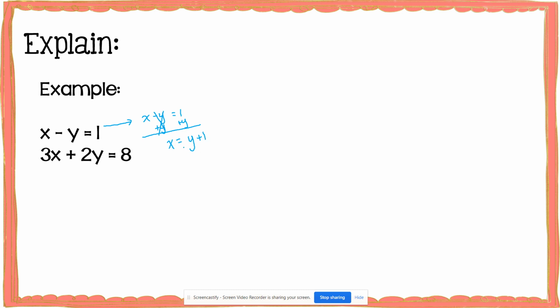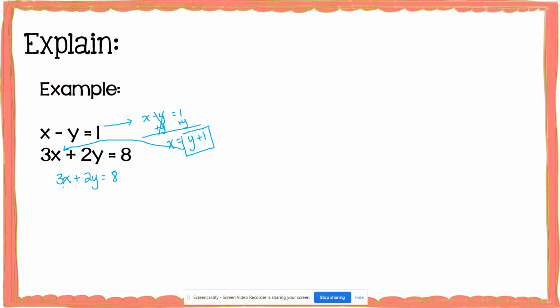Now, doing this and getting x by itself means that even though I don't know the actual value of x, I know that x's equivalence is y plus 1. What I can do is take y plus 1 and put it in the other equation and substitute it in for x here. Well, this equation says 3x plus 2y equals 8.